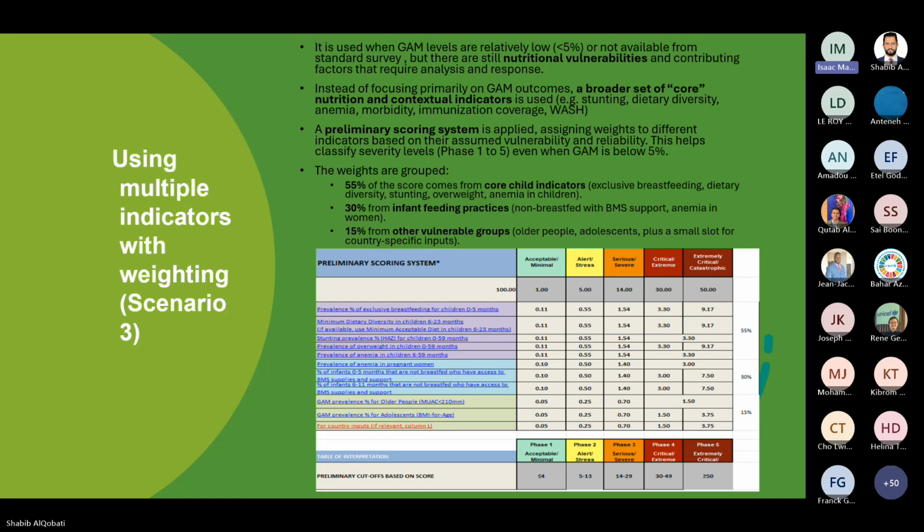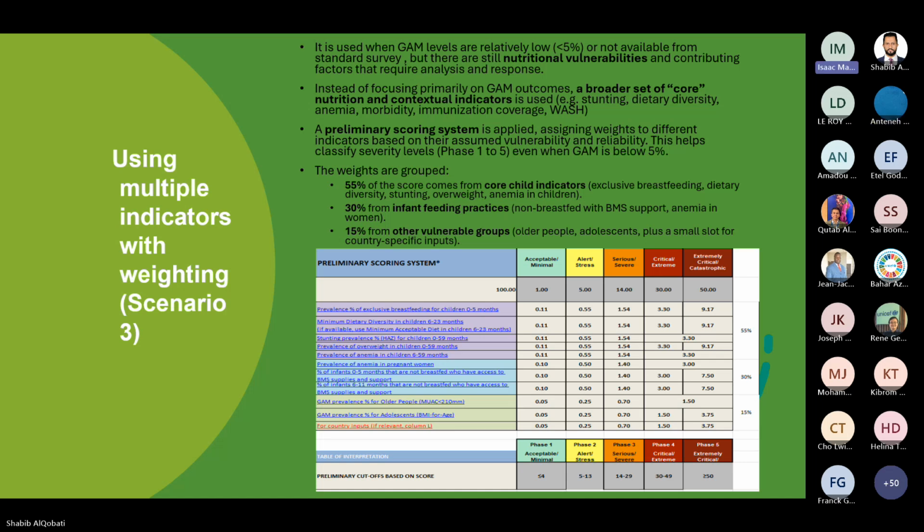This helps additionally to classify the severity level from phase 1 to 5, even when the GAM is below 5%.